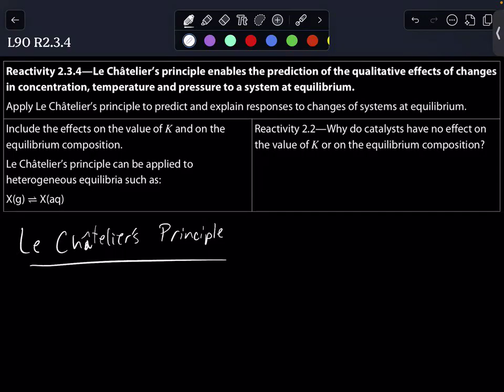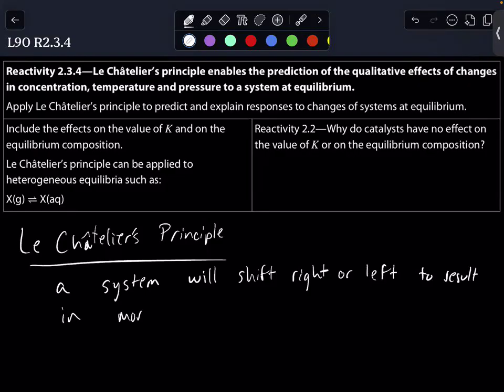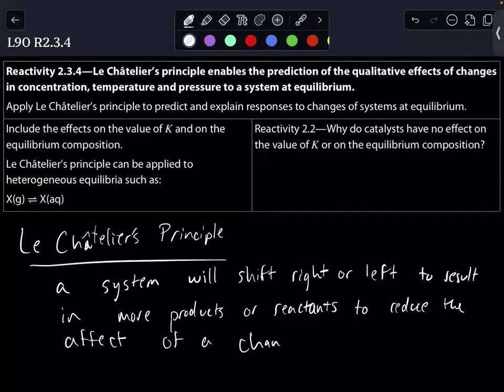What it specifically states is that a system will shift right, meaning to the products, or left, meaning to the reactants, to result in more products or reactants, to reduce the effect of a change.